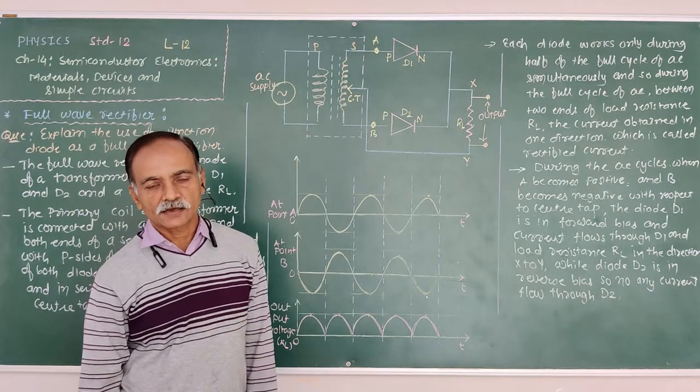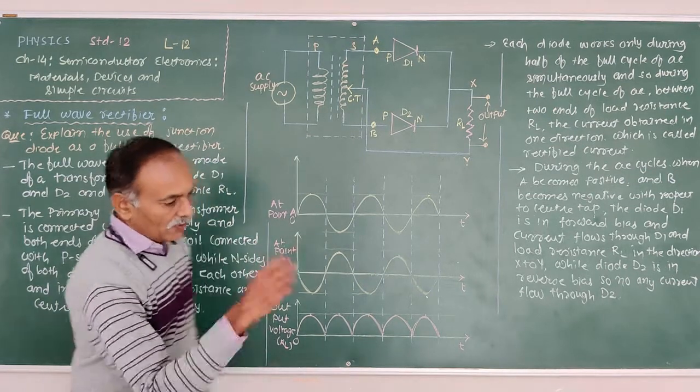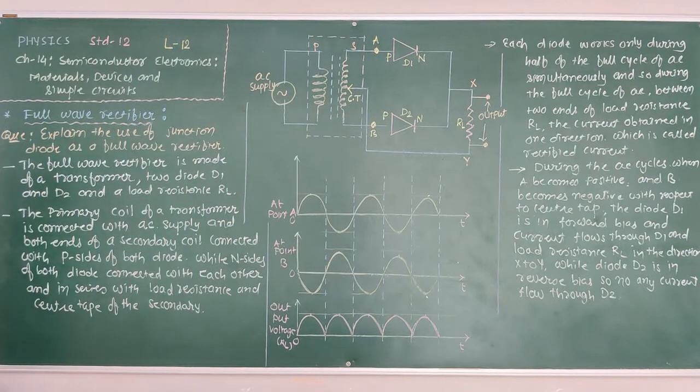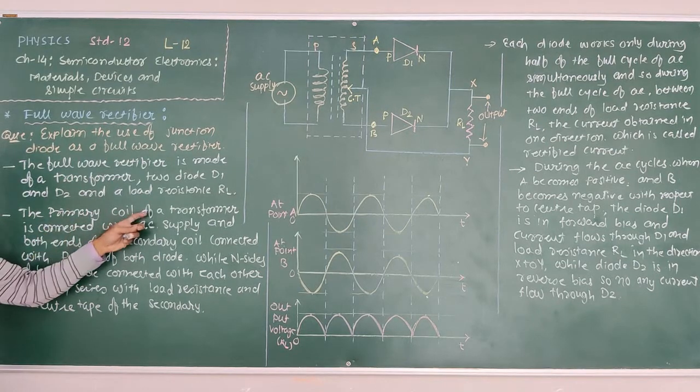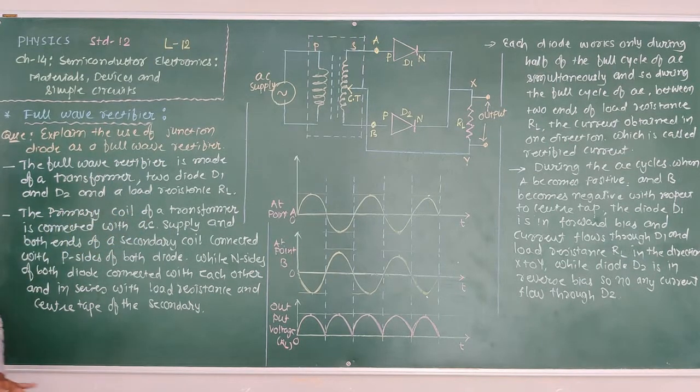Clear? Okay. Now the answer to the question, explain the use of a junction diode as a full wave rectifier. The full wave rectifier is made of a transformer, two diodes D1 and D2 and a load resistance RL. The primary coil of the transformer is connected with the AC supply.